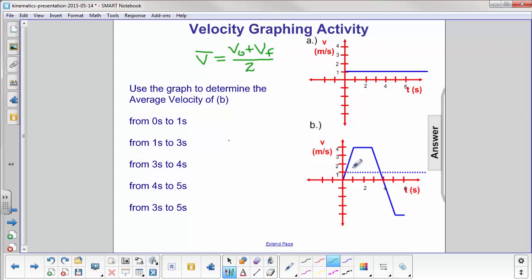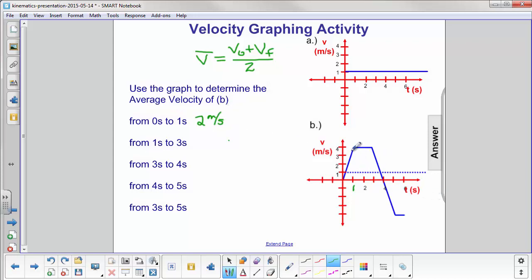And again, this is only valid when we have a straight line for the velocity. So between 0 and 1 second, we see our velocity goes from 0 to 4 meters per second. So we add those two velocities, we get 4 meters per second, divide by 2, and the average velocity in this time interval is 2 meters per second.